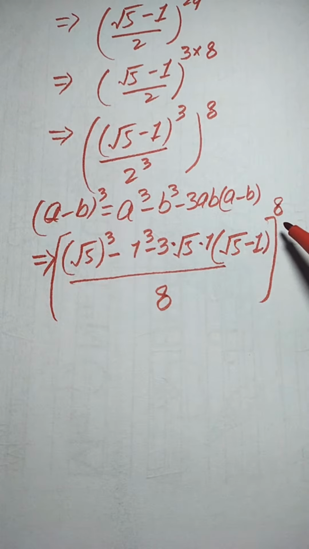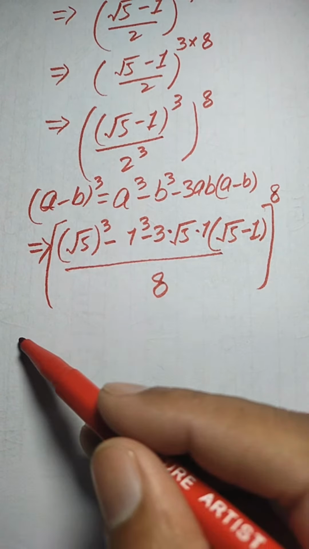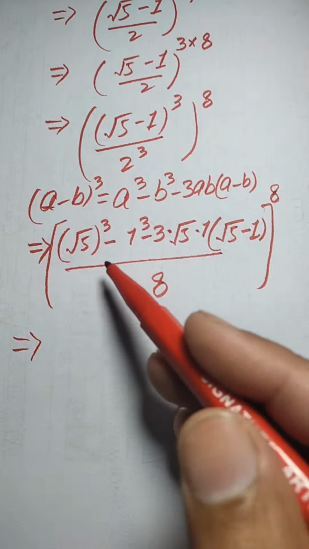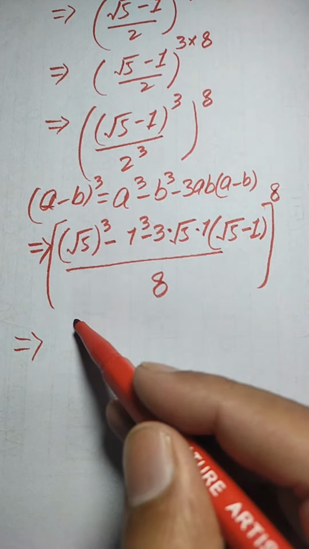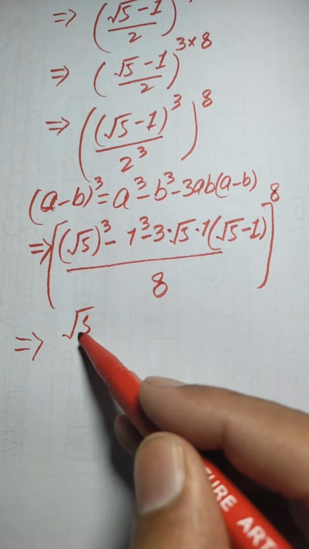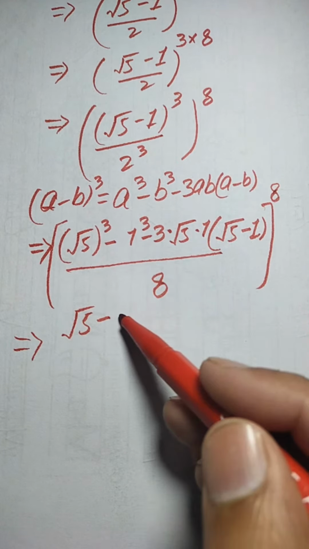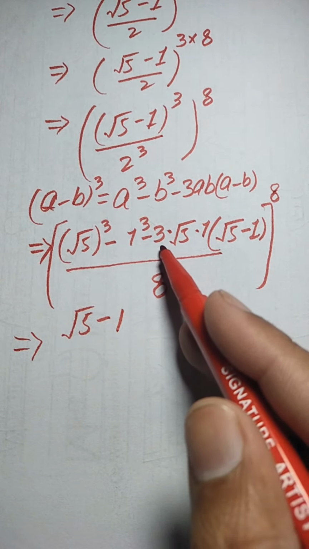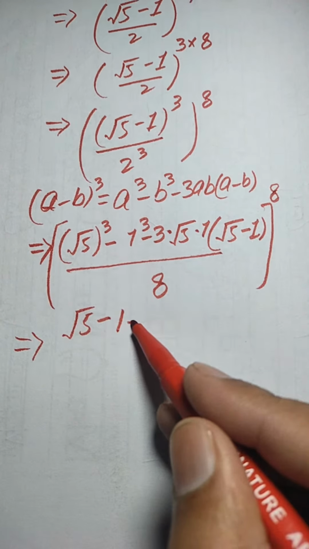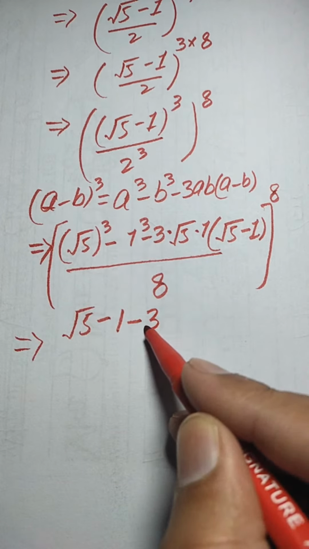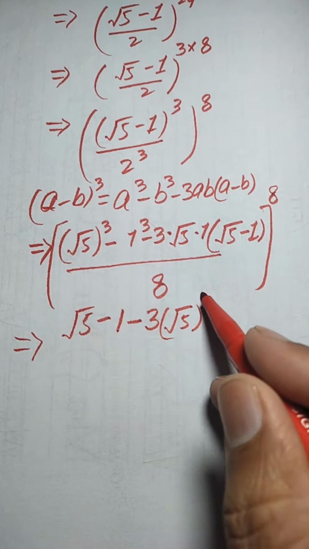Further, we have square root of 5 whole cubed, which we write as it is, and minus 1 cubed becomes 1. Then we multiply 3 times square root of 5 separately on both values, so it becomes minus 3 times square root of 5 whole squared.